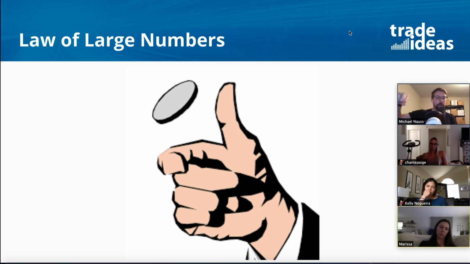But each one is a unique circumstance, right? Each time we flip that coin, it is a 50-50 chance. Regardless, I could have gotten 10 or 15 heads in a row. A lot of people will think, well, that's going to increase the chance that a tails is going to come up. Not the way it works, right? Every situation is unique, right?